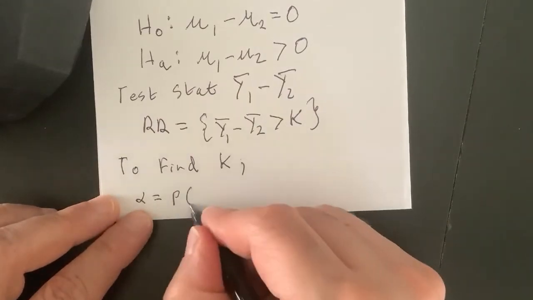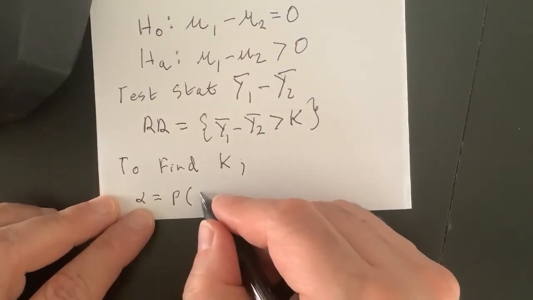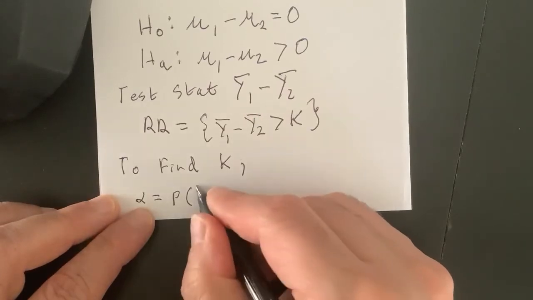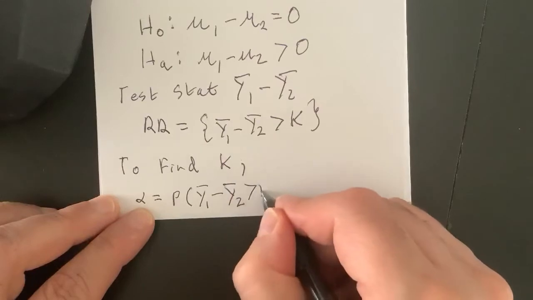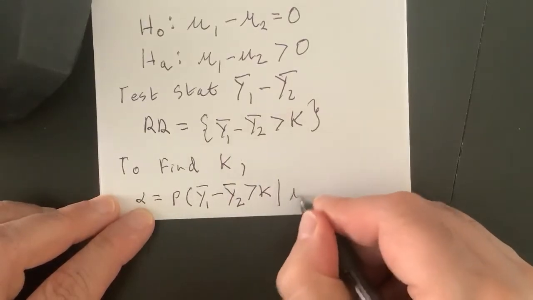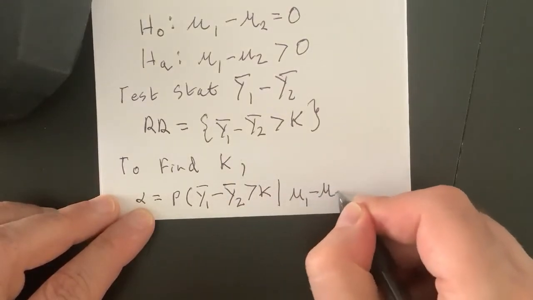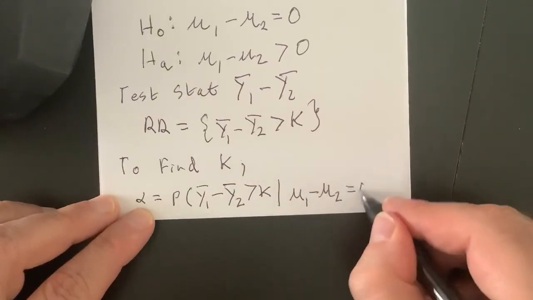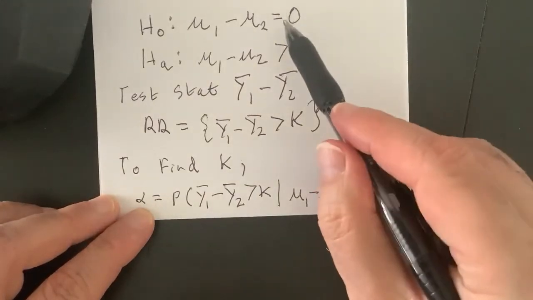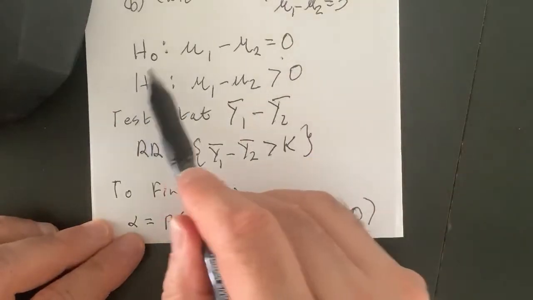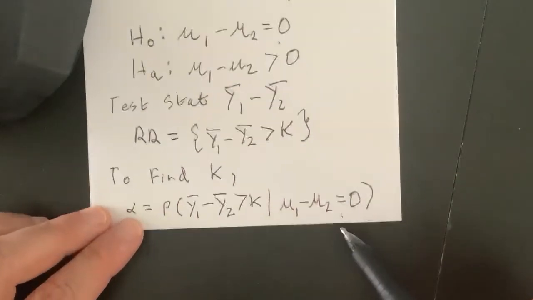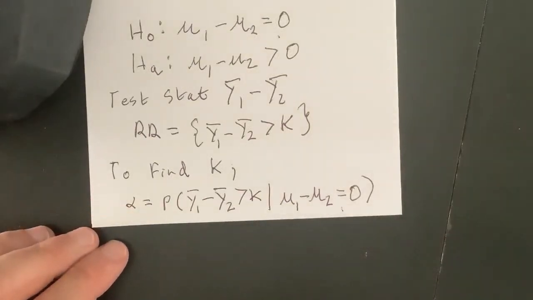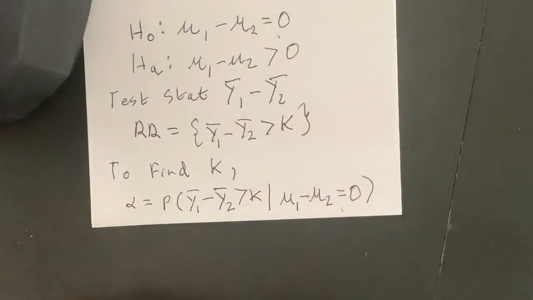So that's the probability that we reject, y1 bar minus y2 bar is greater than k, given mu1 minus mu2 is equal to 0. If I used the composite hypothesis here and made this less than or equal to 0, I would still be using equals 0 here, which is at the boundary and bounds alpha. So it's just not any different.